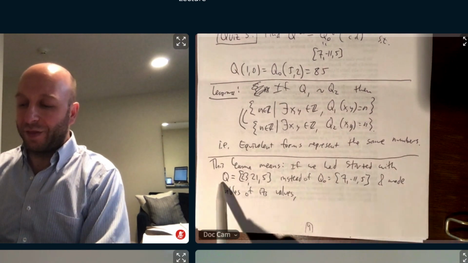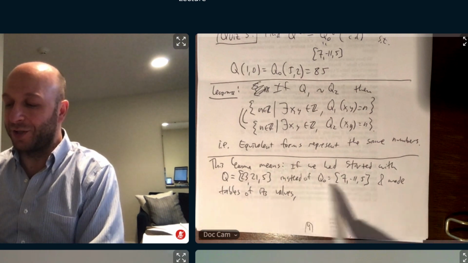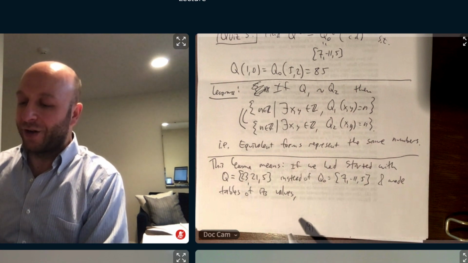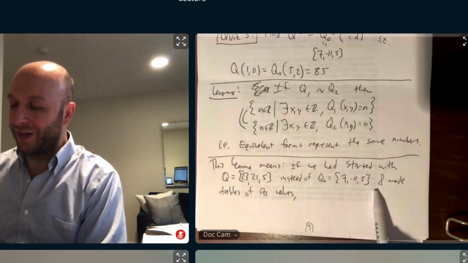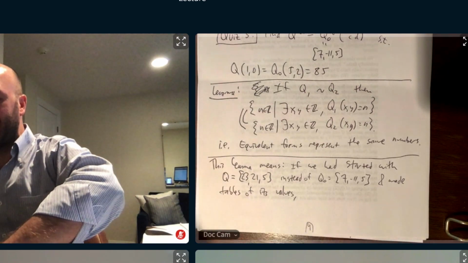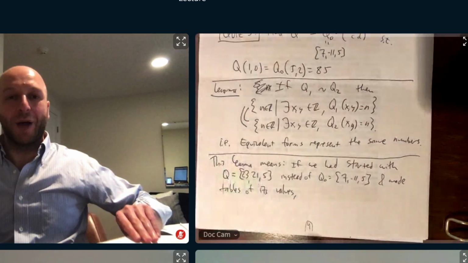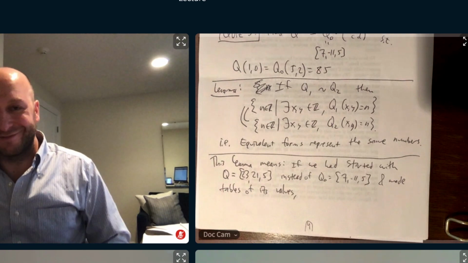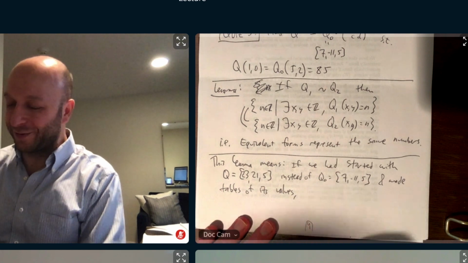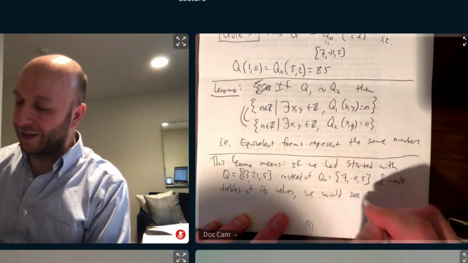If we had started with this form, which we know is equivalent because we came up with it by composing Q0 with some invertible integer matrix, and made tables of its values, just like we made tables of the values of Q0, we would see the same numbers, just shuffled around.